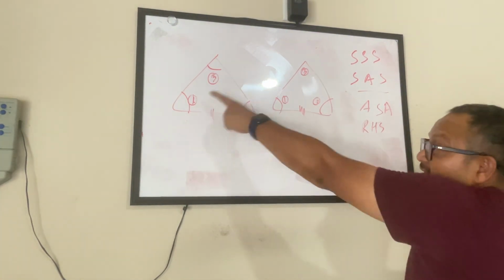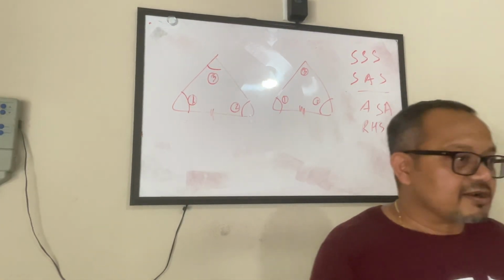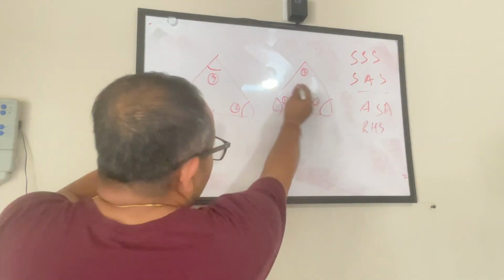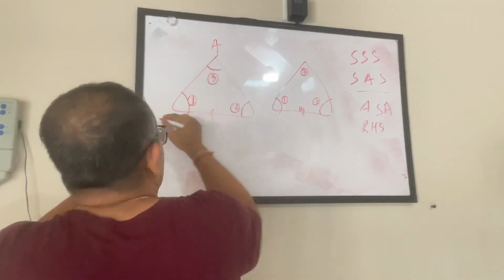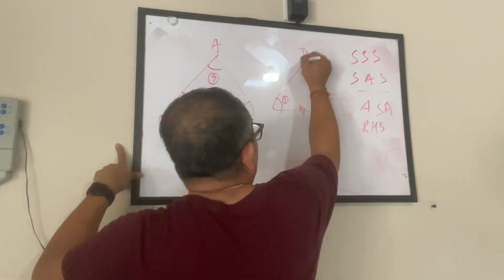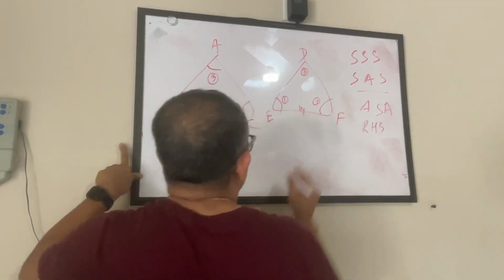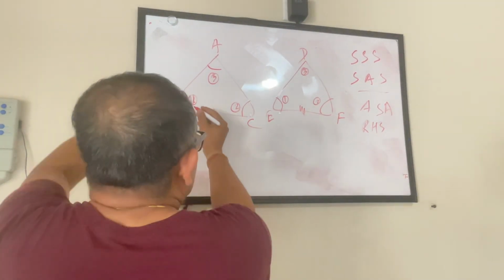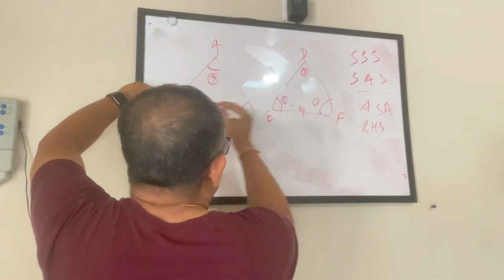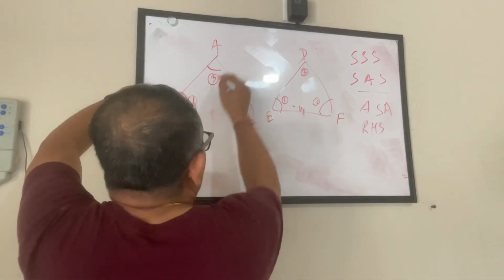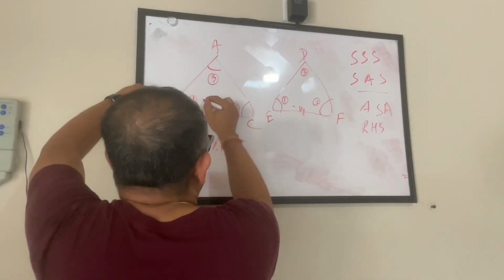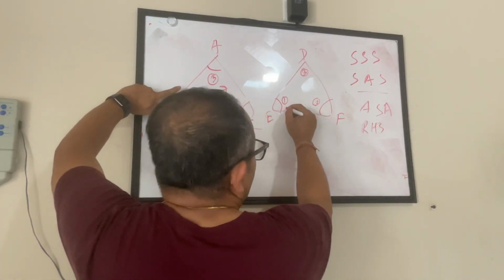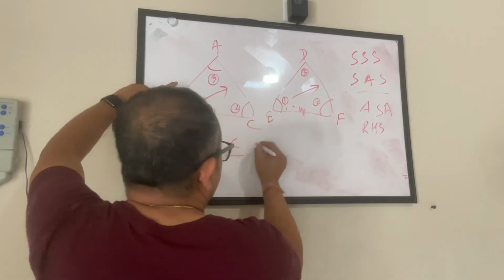Now since these two triangles have matching angles, that means they are similar. And when they are similar, let's say it's A, B, C, D, E, F, then their sides will be in the same proportion, meaning side opposite to 1 in both the cases. What is that? Side opposite to 1 is this, AC, divided by side opposite to 1 here, which is DF.